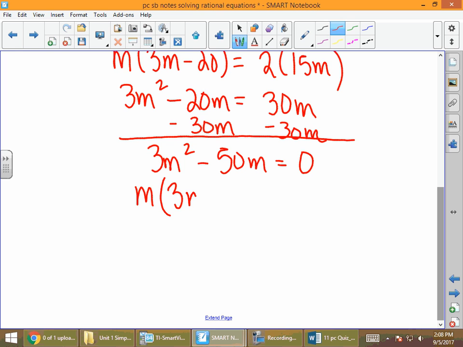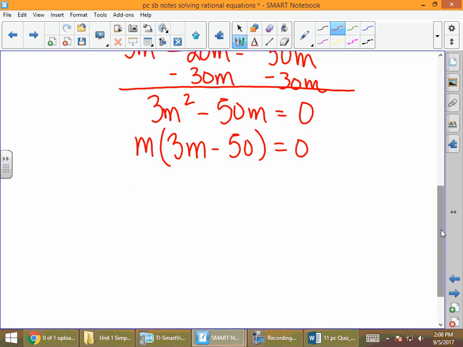And we're left with 3m minus 50. Well, finally, we're going to set each of those factors equal to 0. We're going to set m equal to 0. We're going to set 3m minus 50 equal to 0. So we have one value for m.